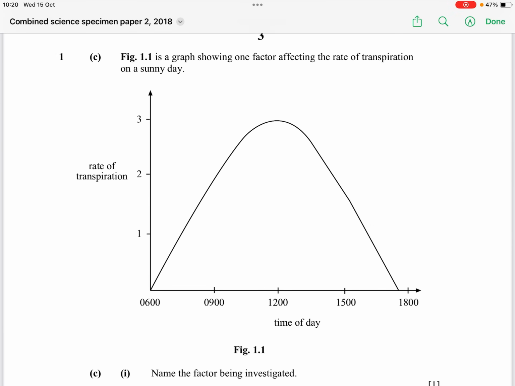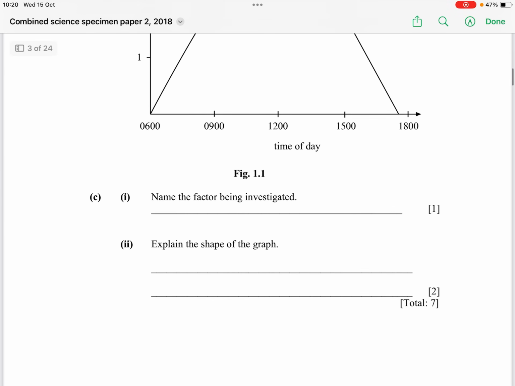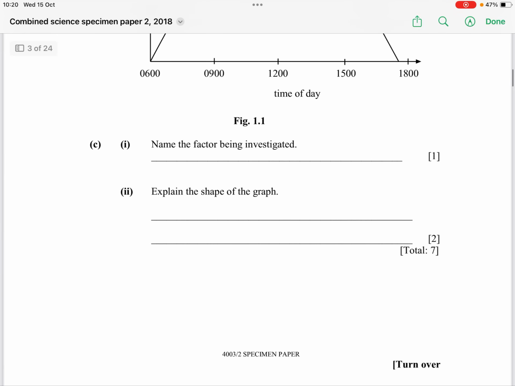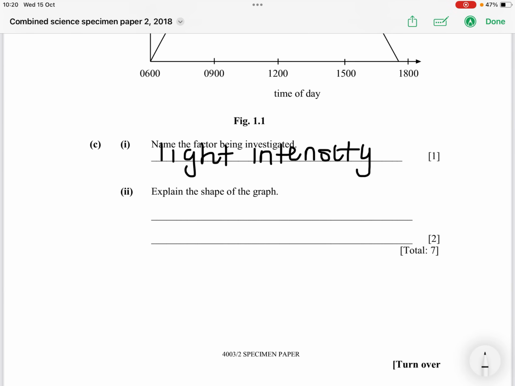It is a graph showing one factor that affects the rate of transpiration on a sunny day, and we are required to name the factor that is being investigated. So here we are investigating the light intensity. So we write our light intensity here so that you get your 1 mark.